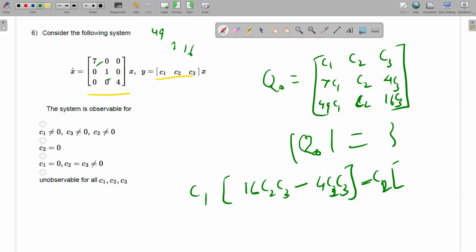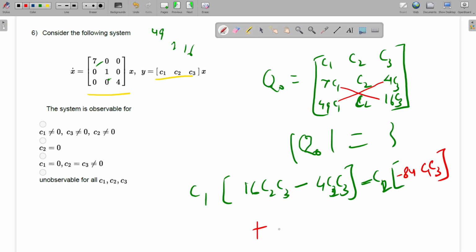So we are getting minus 84, this into this, 16 into 7 minus 49 into 4, so minus 84 C1 C3, right?